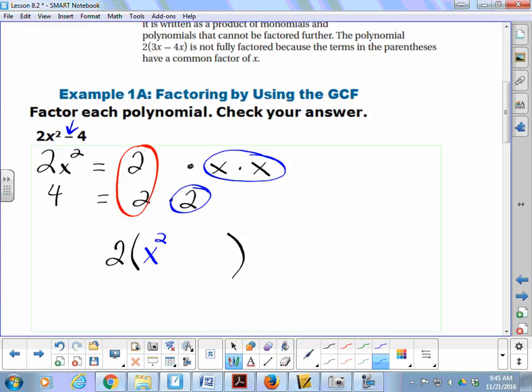So we have x squared minus 2. Because now if I multiply that out, I'd get 2x squared, and 2 times negative 2 is negative 4. So if we write the prime factorization first, look and see what they have in common, that goes in front of the parentheses, and what's left goes inside the parentheses.